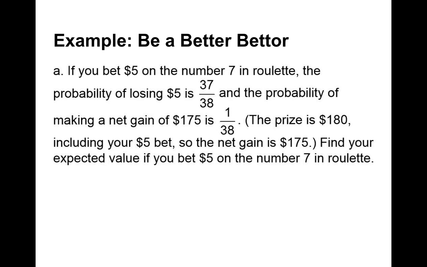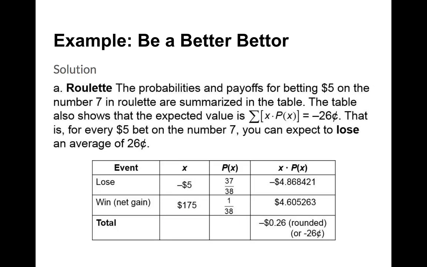To find our expected value, we take our random variable value, which in this problem is the amount of money we make. If I lose, the amount of money I make is negative $5, and that happens with a probability of 37 out of 38.